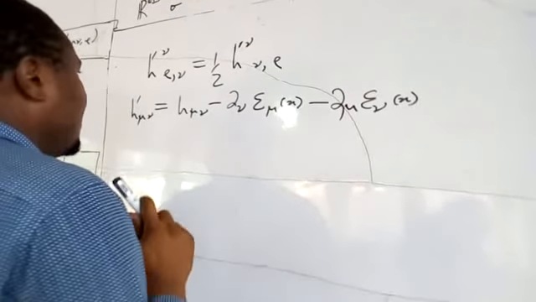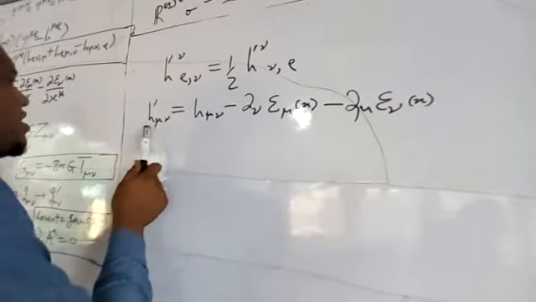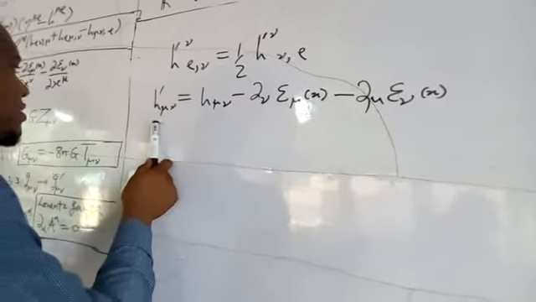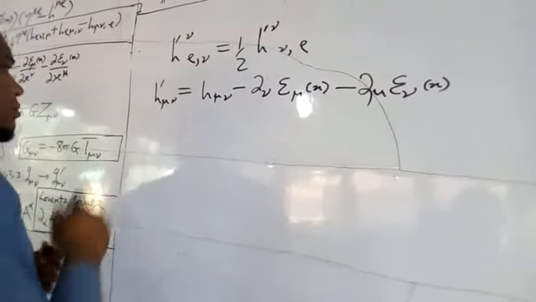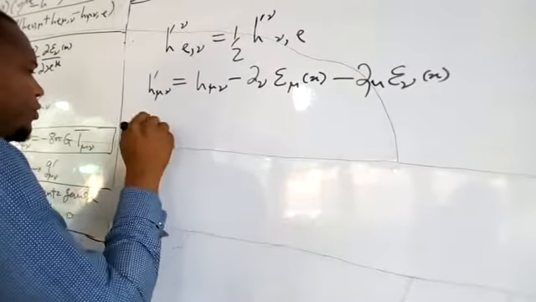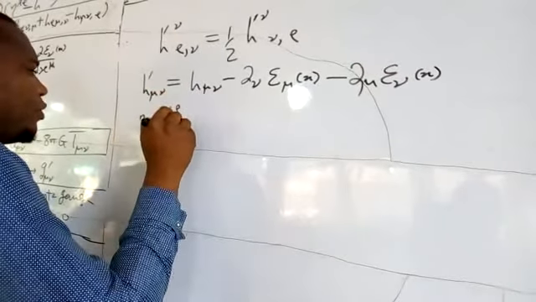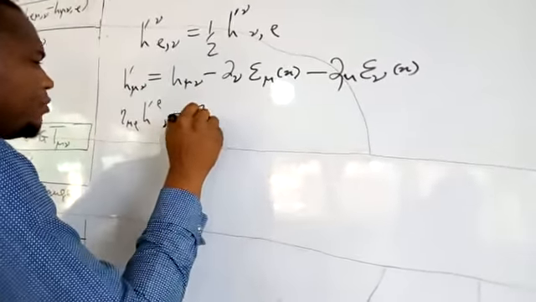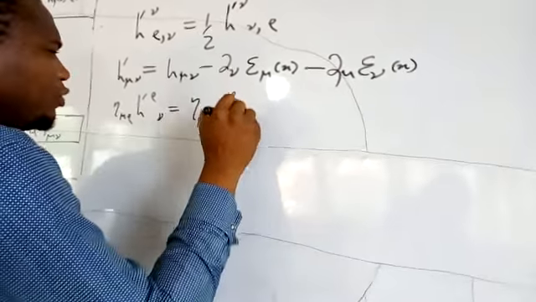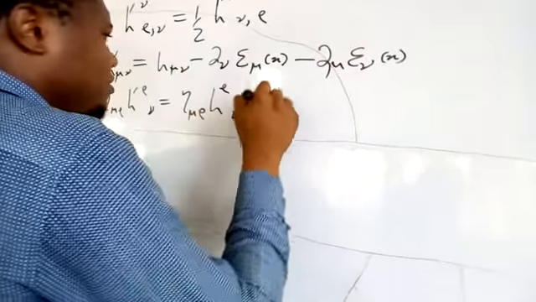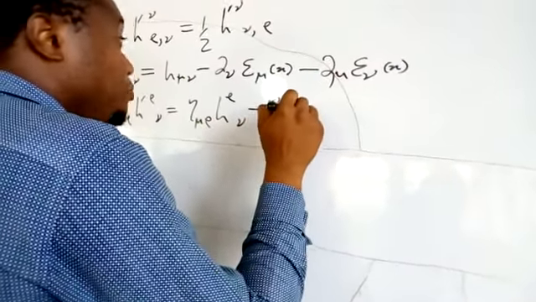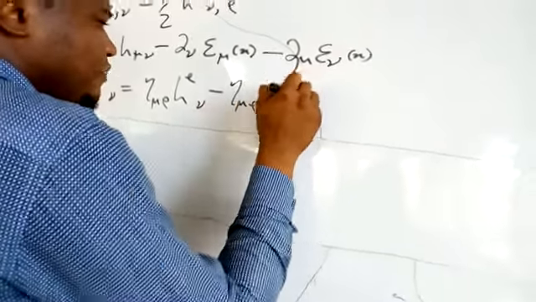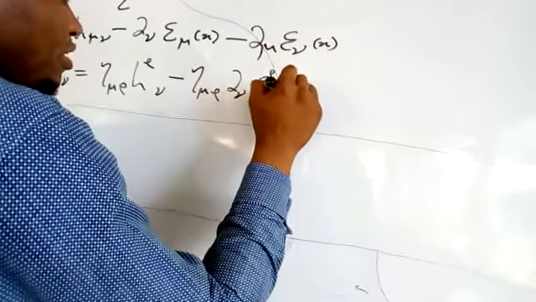One thing I can try to do here is raise mu. In order to raise mu, the usual thing that we do, mu rho for instance, h prime rho nu equals the same mu rho again, h rho nu minus, remember what I'm raising is mu, so this is unaffected, but then this becomes rho of x.